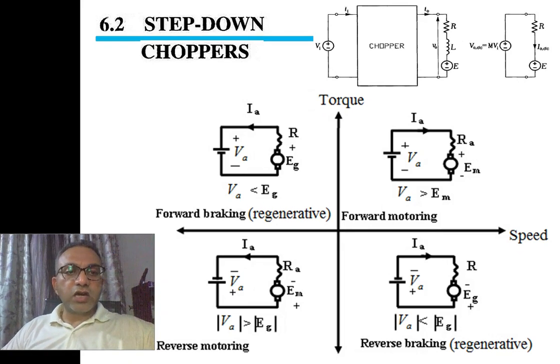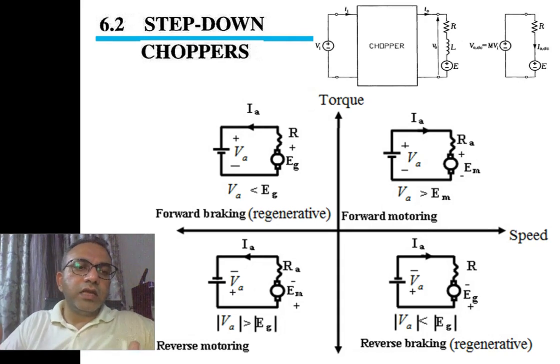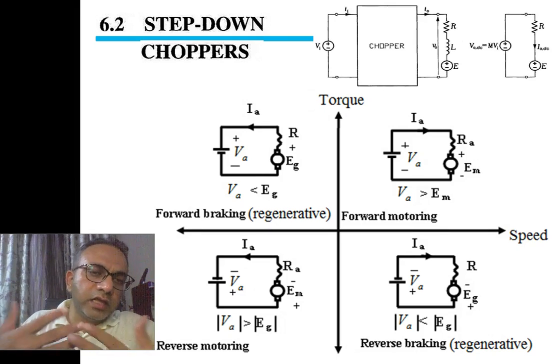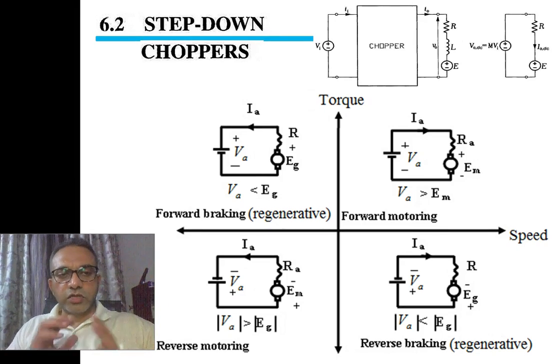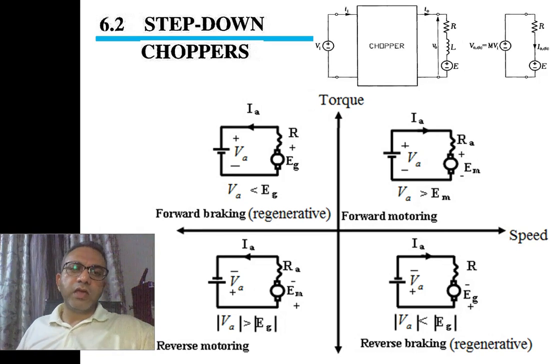As a result, current flows from the back EMF into the source. Hence, we are returning the energy from the motor to the source. And when we return the energy, the rotor of the motor will come to a stop. Therefore, it is called forward braking, or clockwise braking.